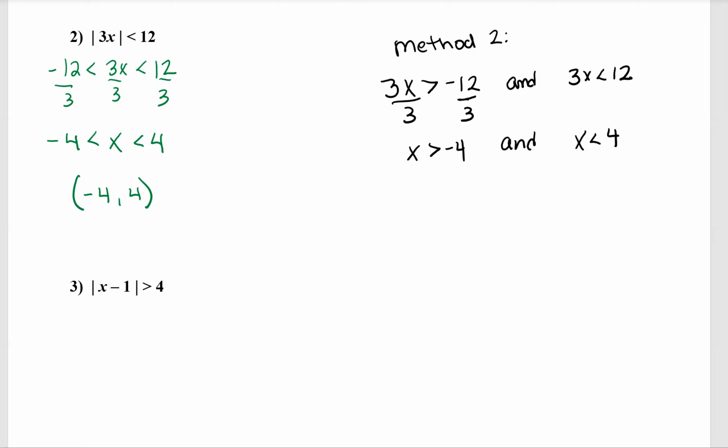It might be helpful if you draw a number line so you can see what the interval would be. X has got to be greater than negative 4 and less than 4. So again, we're looking for the overlap, and the overlap is from negative 4 to 4.